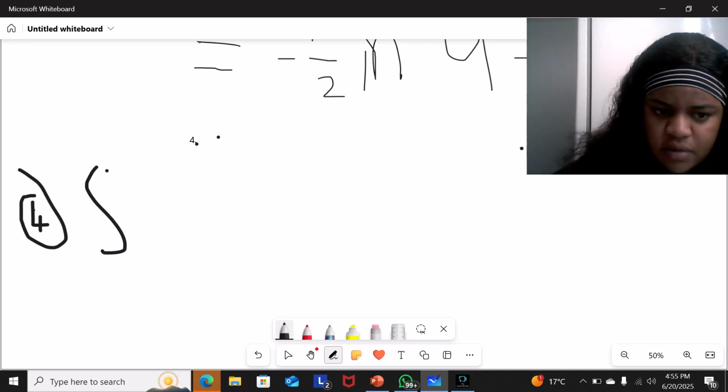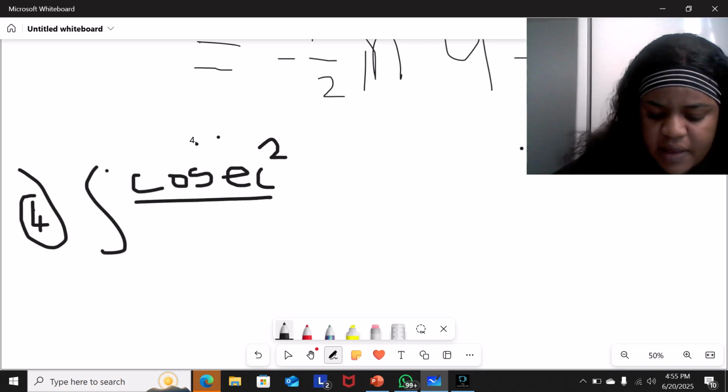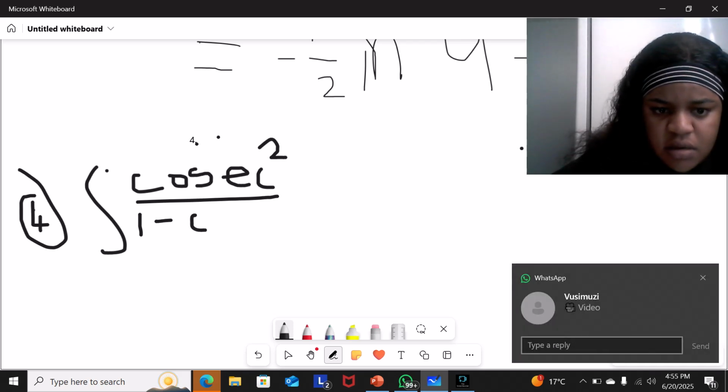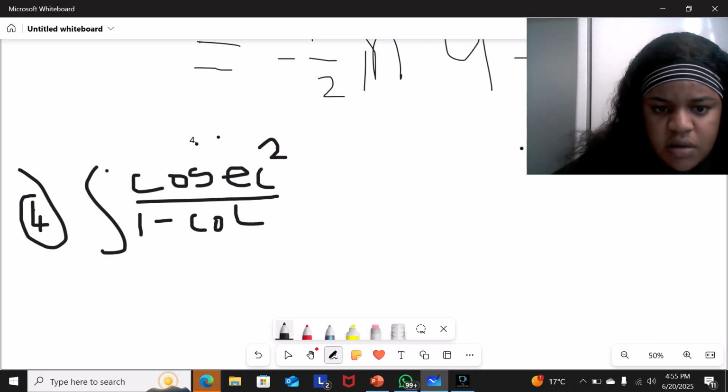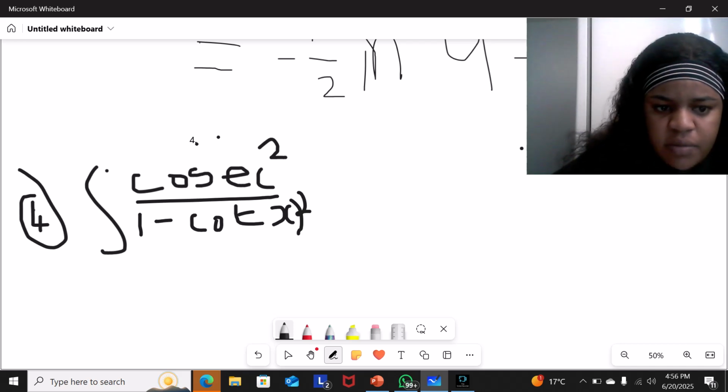It says, the integral of cosec squared divided by one minus cot x, close bracket cubed. We're supposed to write an open bracket.